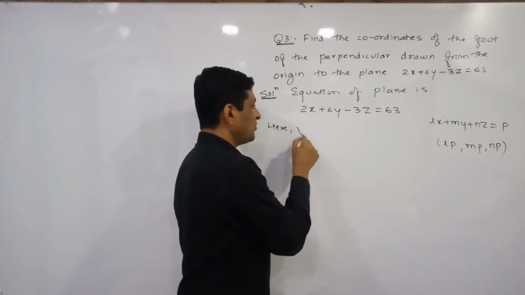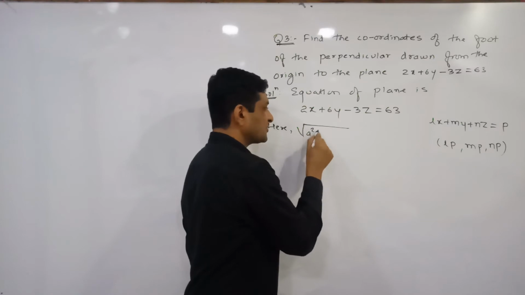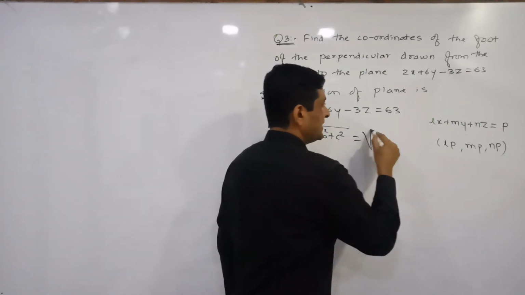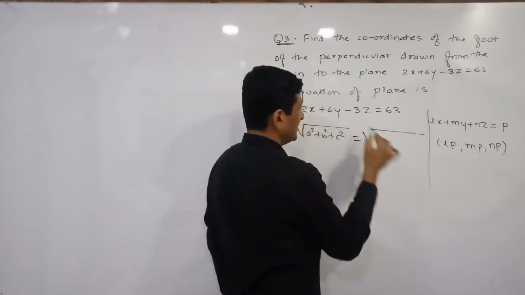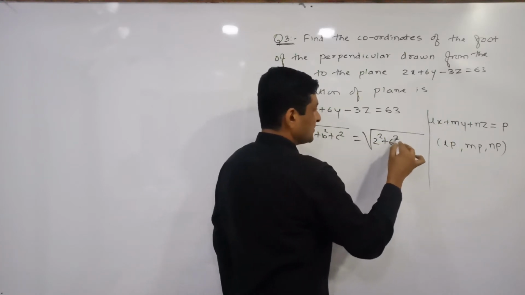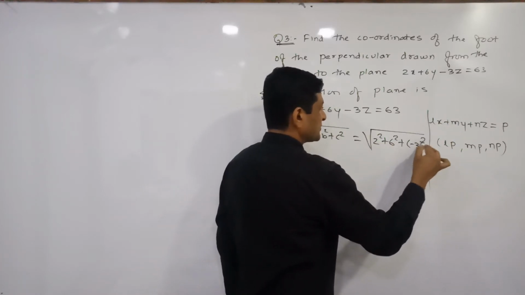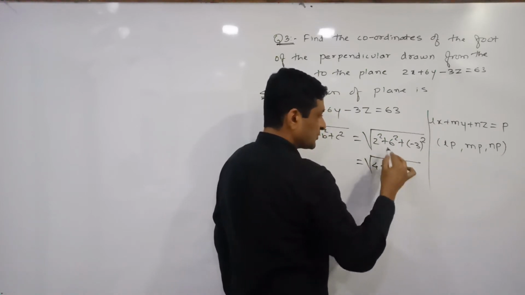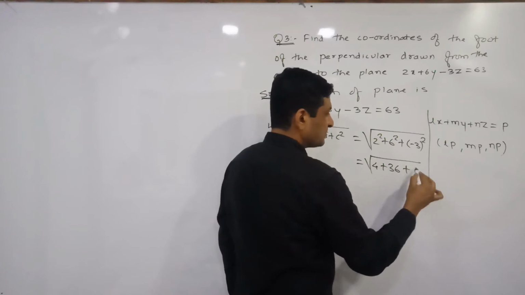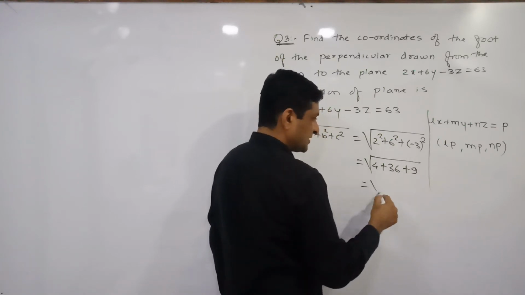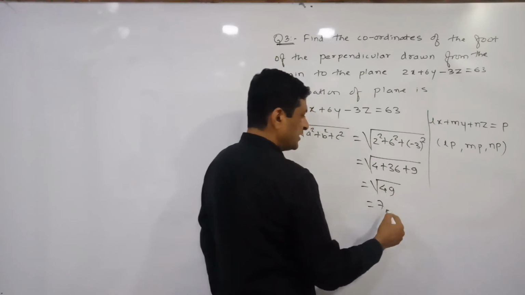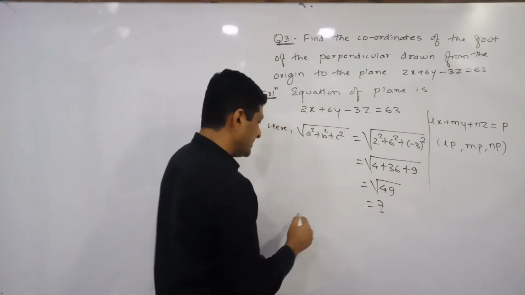It is equal to under root of 2 square plus 6 square plus minus 3 square, which is under root of 4 plus 36 plus 9, which is under root 49, and the square root of 49 is 7.